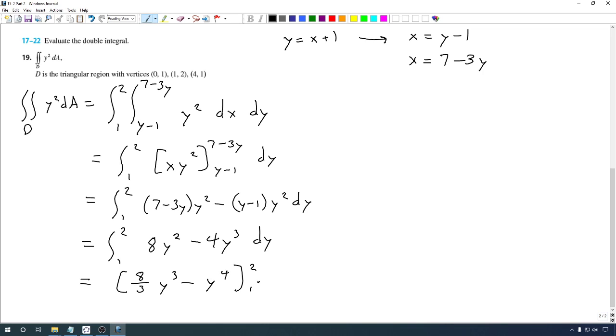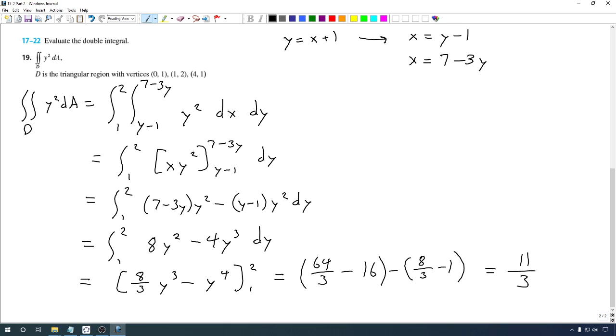We evaluate that from 1 to 2, which gives us 64 thirds, because 8 times 2 cubed is 64, minus 2 to the 4th power, which is 16. When we plug in 1, we have 8 thirds minus 1. And then we work all this out, and assuming I did it all right, that should come out to be 11 thirds.